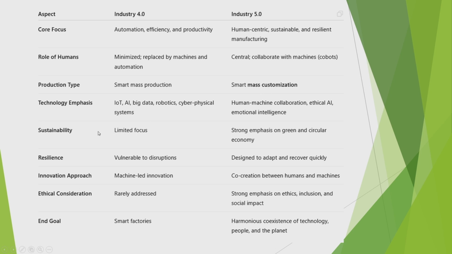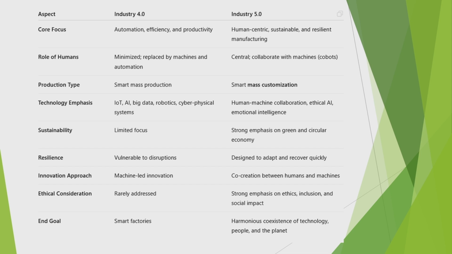Similarly, sustainability in Industry 4.0 has limited focus, while in Industry 5.0 strong emphasis is there. On innovation approach, Industry 4.0 is machine-led innovation, but here it is co-creation between humans and machines. Ethical considerations in Industry 4.0 had not much discussion on ethics, but here there is an emphasis on ethics, inclusion and social impact.